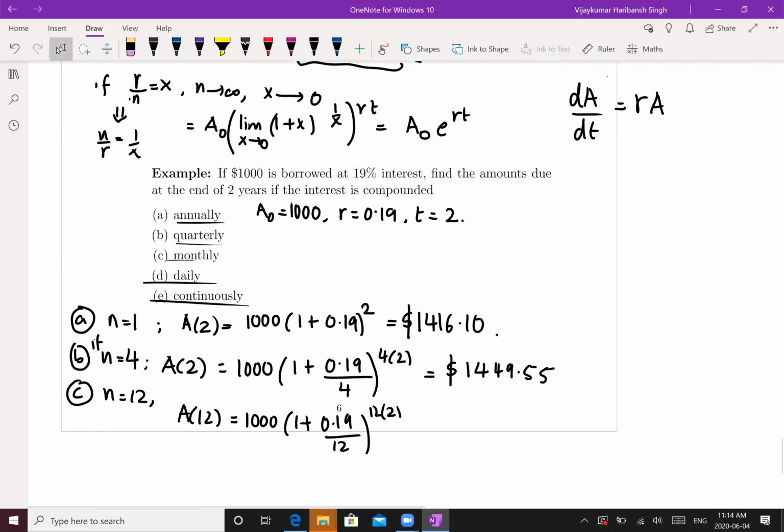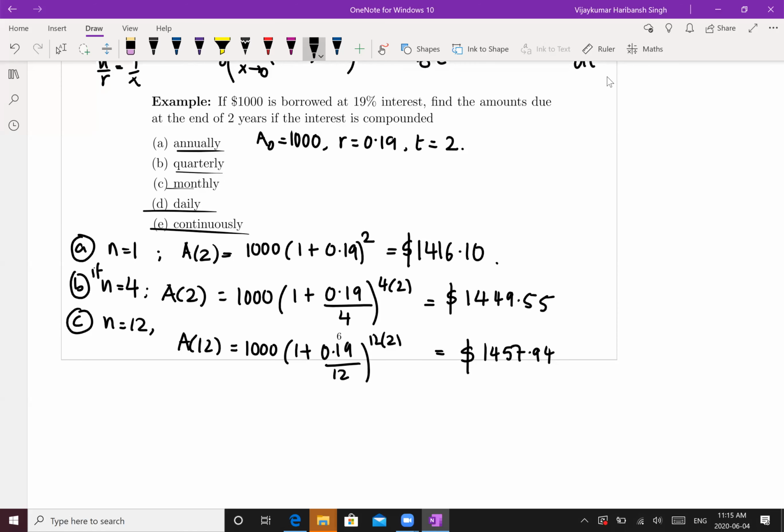When you simplify this, you will see that it's going to be $1457.94. Now, if you do the same thing daily, with n equals 365, you will see that A of 2 is roughly $1462.14.